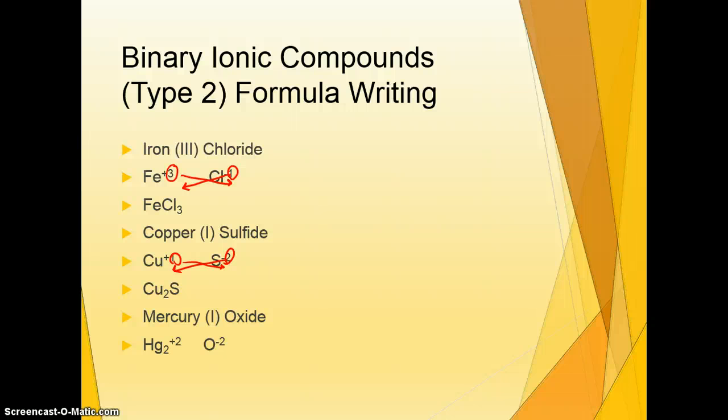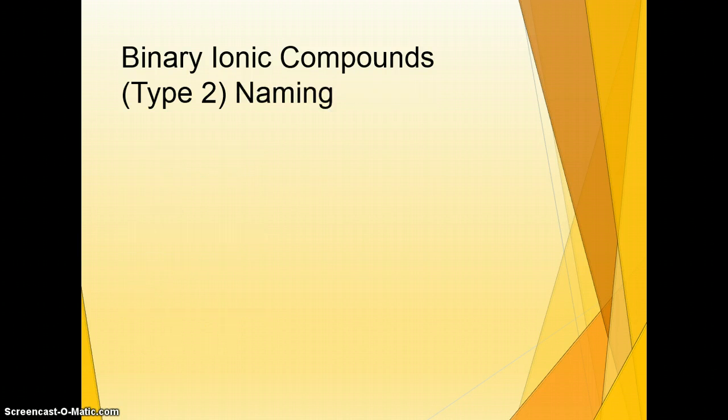And remember, if our charges are equal, we just put the formula together. So please don't forget to notice if your charges are the same, you're just going to put it together to form Hg2O.